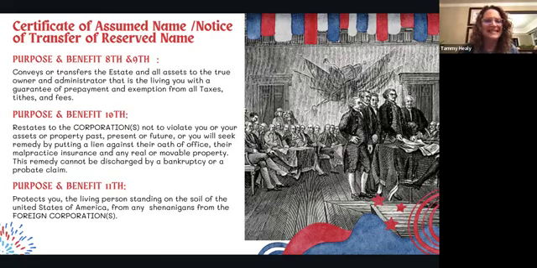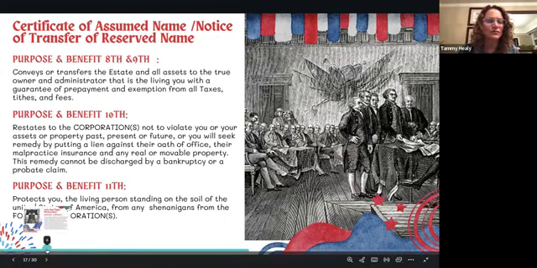Purpose and benefit of the 10th paragraph on this document, okay? It restates to the corporations not to violate you or your assets or property, past, present, or future, or you will seek remedy by putting a lien against their oath of office, their malpractice insurance, and any real or movable property. This remedy cannot be discharged by a bankruptcy or a probate claim.